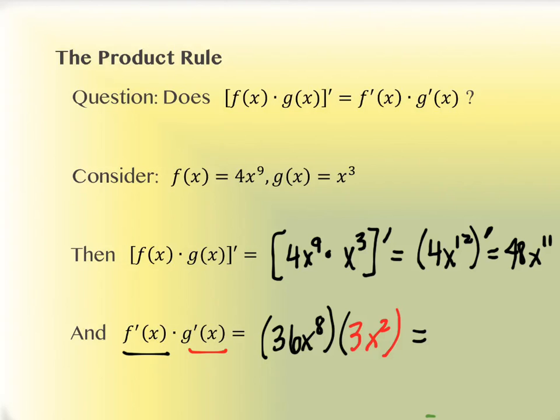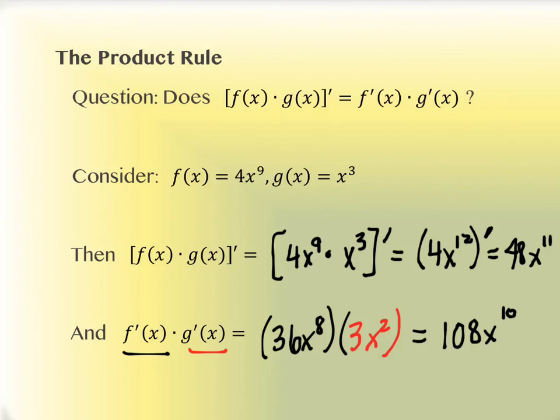And what is 36x to the 8th times 3x squared? It is not 48, that is true. Does anybody have a value for it? I think it's bigger than 72, actually. 108, maybe? X to what power? X to the 10th. So even if it had the right coefficient, it for sure does not have the right exponent, right?